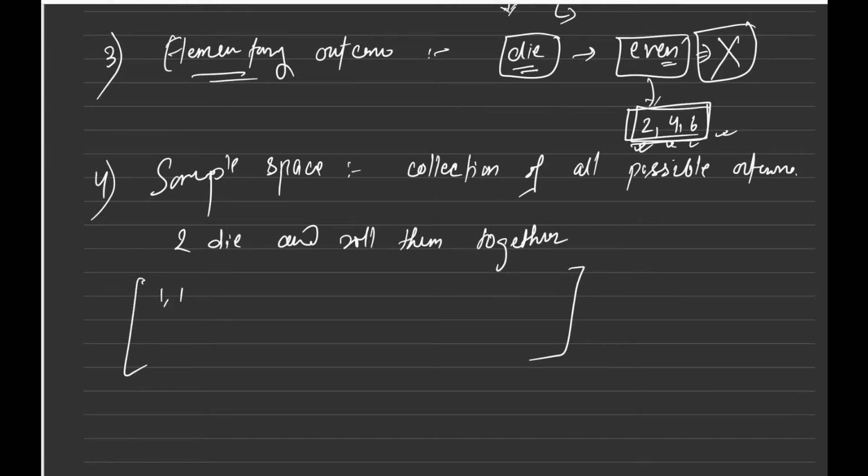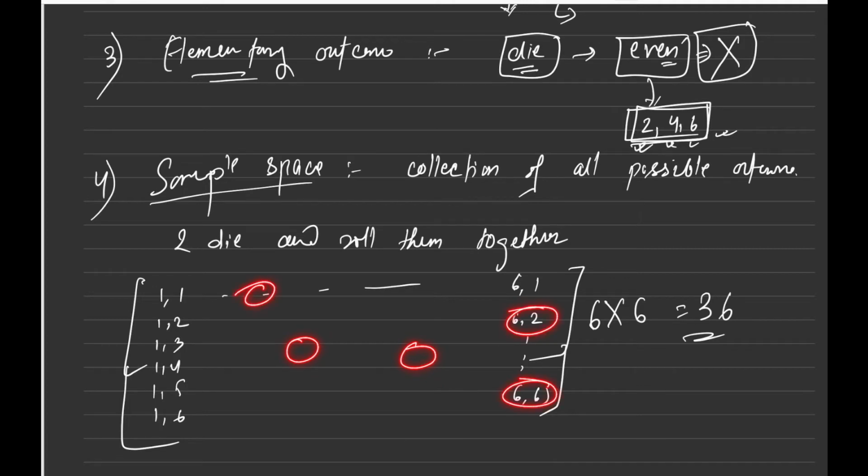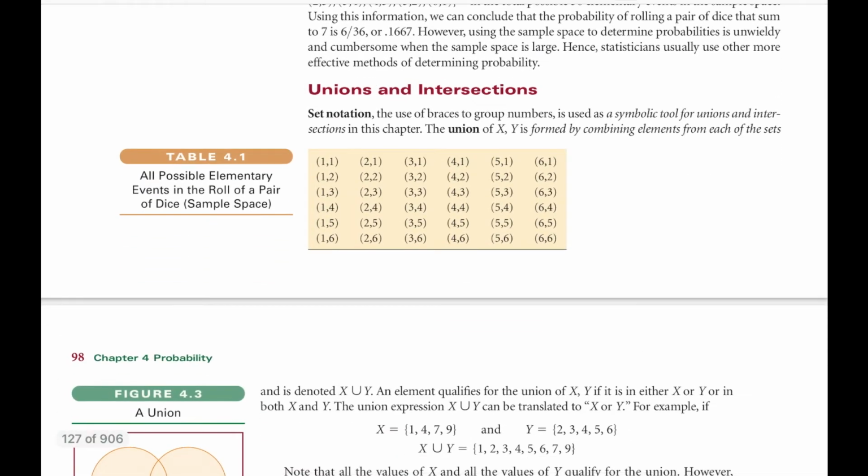You will get outcomes such as 1,1, 1,2, 1,3, 1,4, 1,5, 1,6, then 2,1, 2,2, up to 6,6, right? So these are the possible outcomes. There will be 6 times 6, that means 36 possible outcomes. So this is nothing but your sample space. Any particular combination might have occurred, but these are the possible outcomes. So this is called sample space.